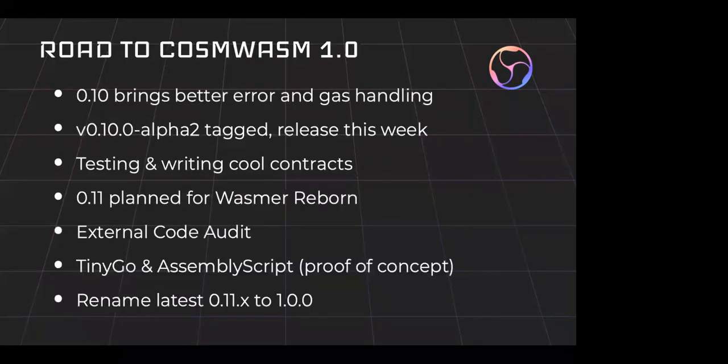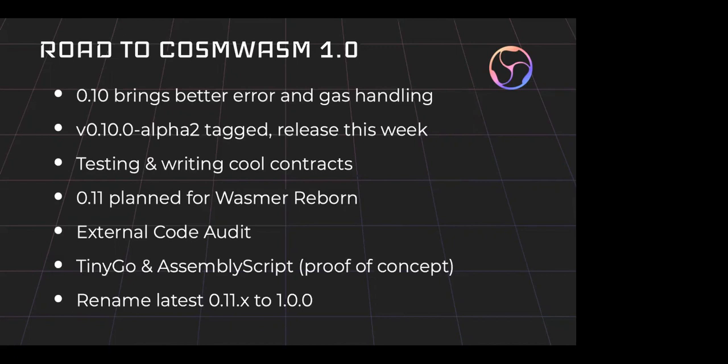So the road towards CosmWasm 1.0. 1.0 for us is a big milestone that basically guarantees stability for the smart contracts that you write. We want to be there at some point in Q3. It's more likely to be September than August, but around that corner.